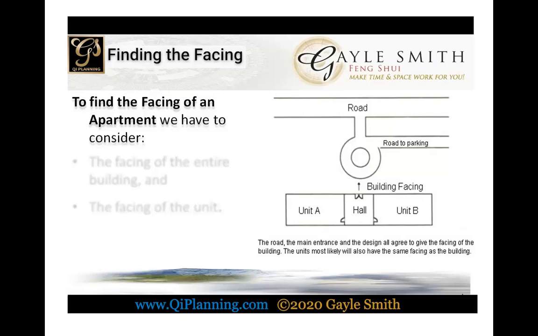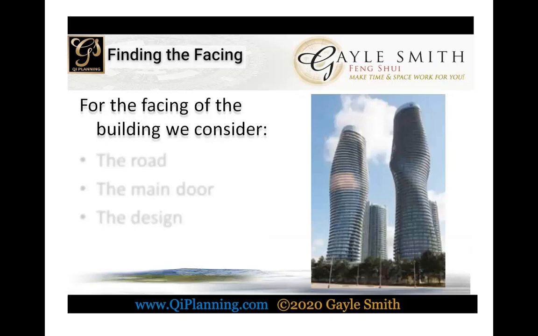With apartment buildings, we must consider both the building itself and the individual units. We do this using the same principles of locating the most yang directions as we did for houses. For an apartment building itself, we consider the road, the door, and the building design.